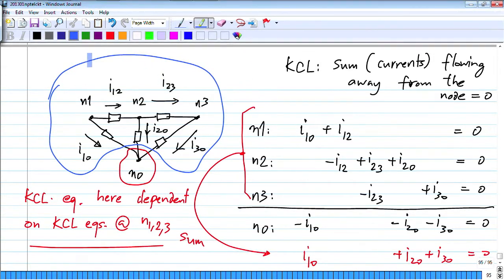As it encloses this complete circuit, the sum of currents flowing in all these wires that are cutting the surface will also be equal to 0. Now you see that the surface enclosing n0 cuts these 3 wires and the surface enclosing the rest of the circuit also cuts the same wires. So what you get by writing KCL equations at n1, n2, n3 and then summing them together is exactly the same as what you get by writing the KCL at n0.